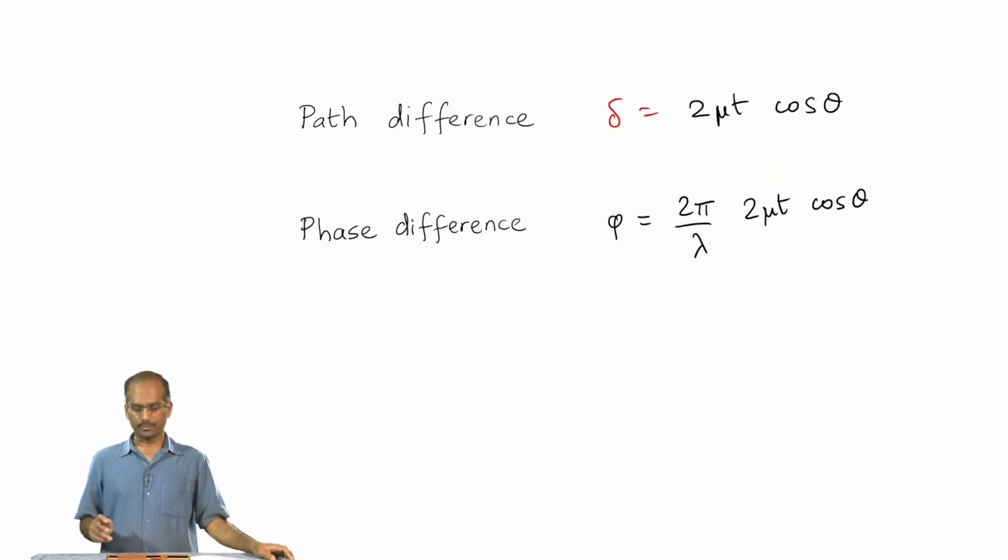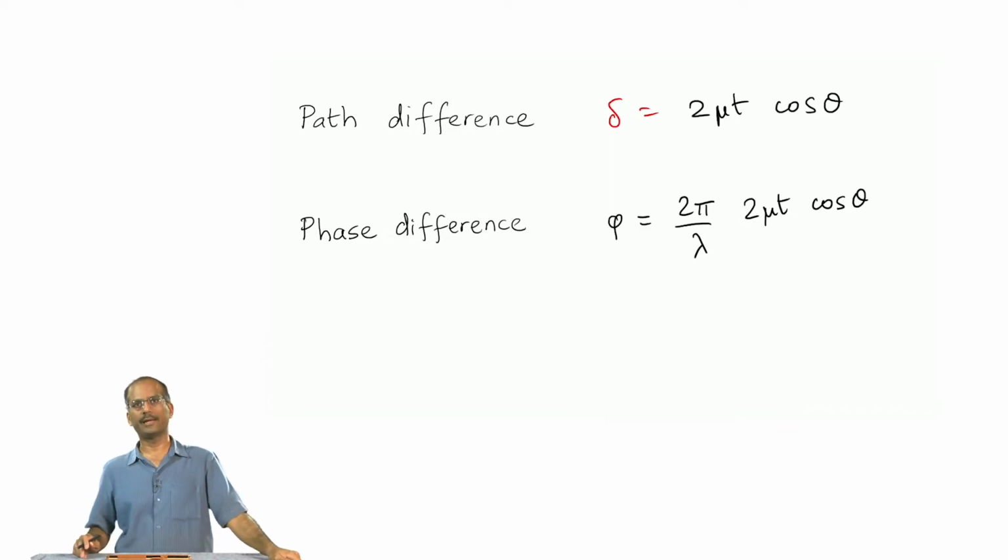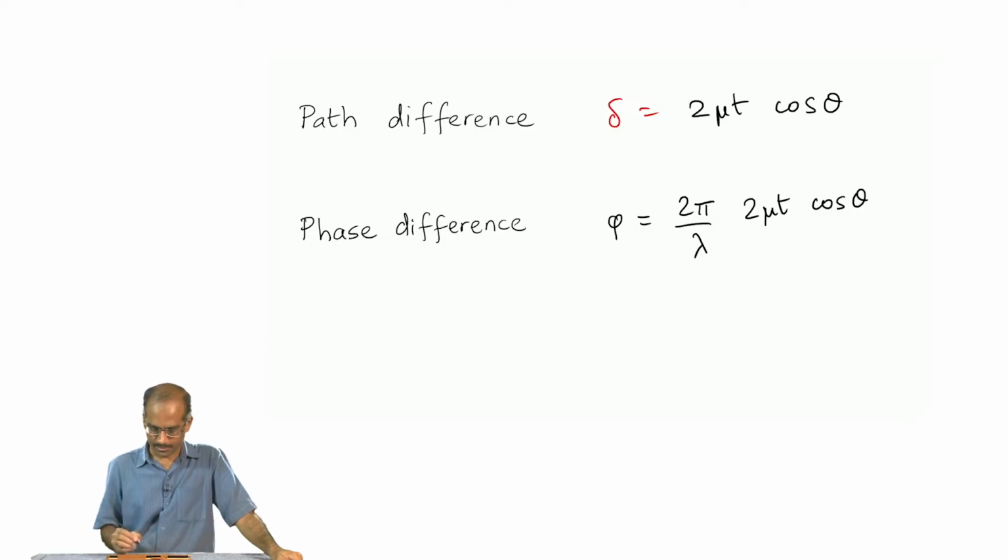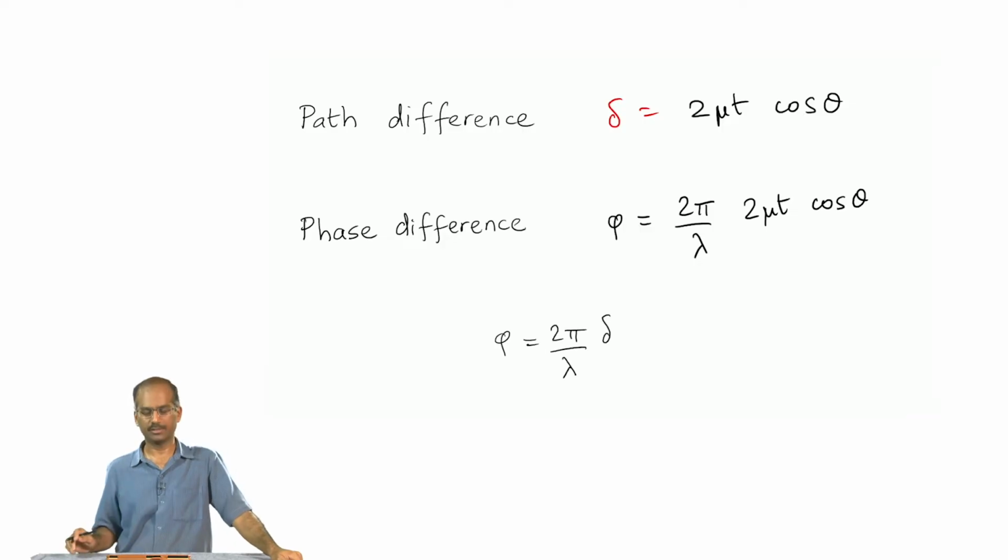Corresponding to this path difference, the phase difference is 2 pi by lambda multiplied by the path difference. In general, if you had a path difference delta, the corresponding phase difference would be 2 pi by lambda times delta. This is the relation between the phase difference and the path difference.